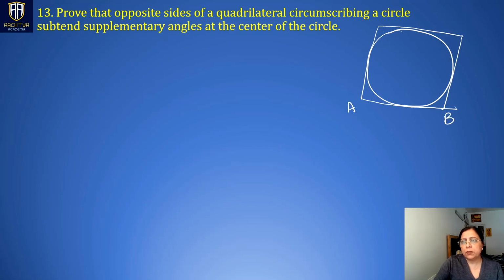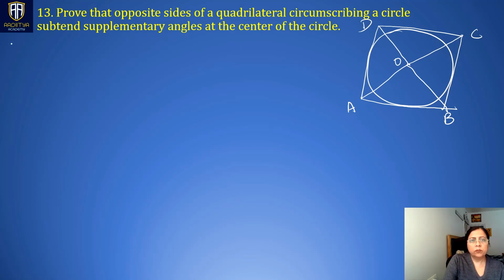A, B, C, D. The opposite sides of a quadrilateral circumscribing a circle subtend supplementary angles at the center. Now you have to join this. Right? What we have to prove here. So this is a figure that we have got from the question.